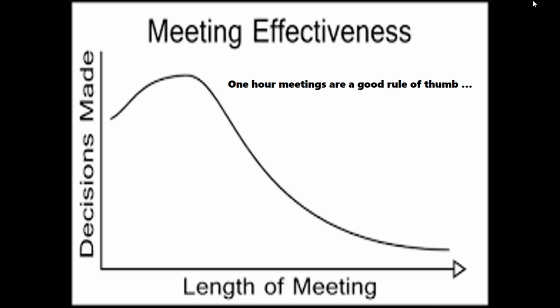And that's why I suggest that on agenda items we discuss the most important things first while people are fresh and ready to go, because sooner or later their effectiveness will drop off and therefore their decision-making ability will not be at its peak. So something to think about, but I think an hour-long meeting is fine.